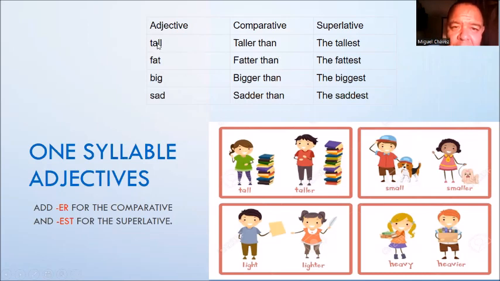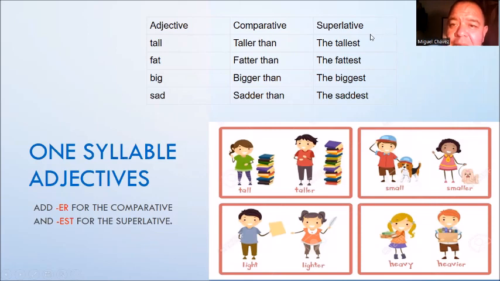Check the examples. Tall, taller than, it is not necessary to double the L. But fat, we double the last T before adding er, fatter than. Big, bigger than, double the last G. Sad, sadder than, double the last D. In this way, we form the comparative of the adjectives of one syllable.